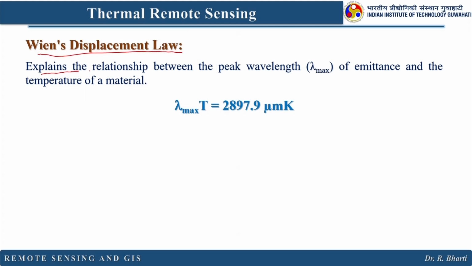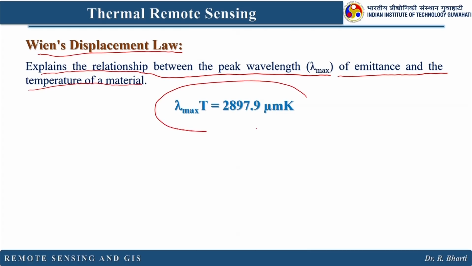Here it explains the relationship between the peak wavelength, that is lambda max, of emittance and the temperature of a material. So basically if you see this equation, the lambda max is unknown.